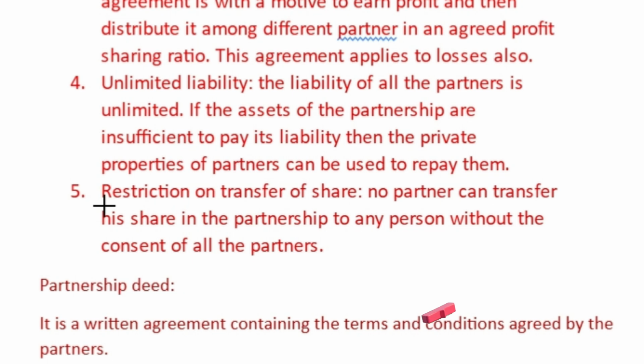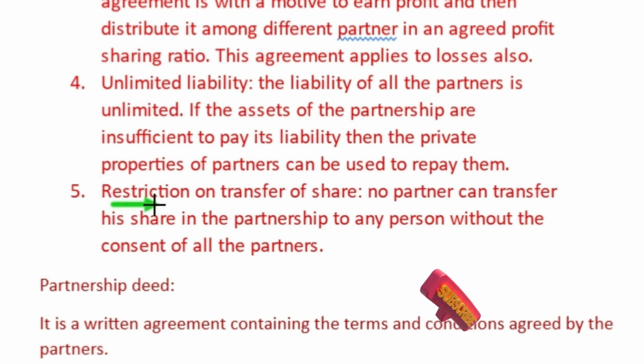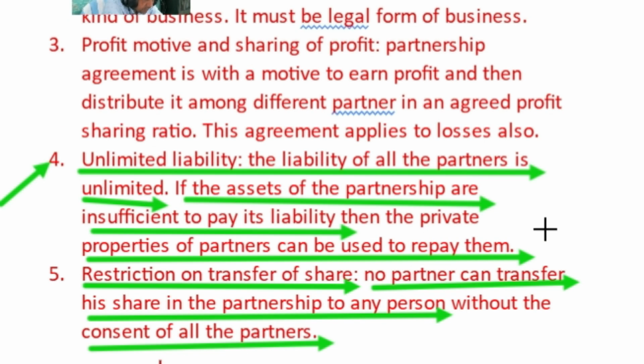The next feature of the partnership firm is restriction on transfer of share. After becoming a partner, it is his or her right to get a share of profit. This right he cannot transfer to another person without the consent of all the partners. This generally arises when a partner retires from the business or leaves the business, or on the death of the partner.